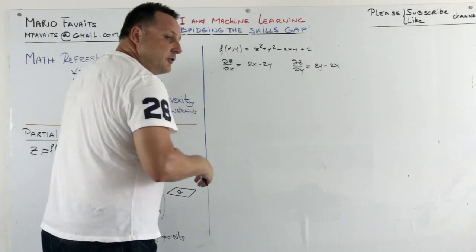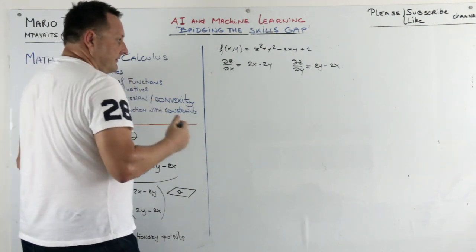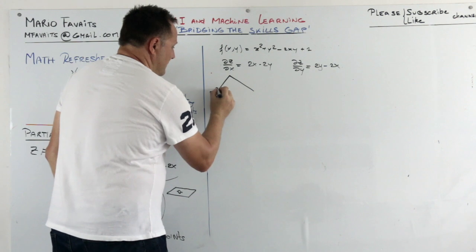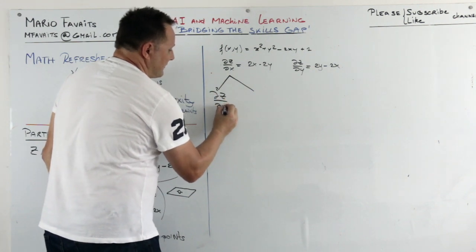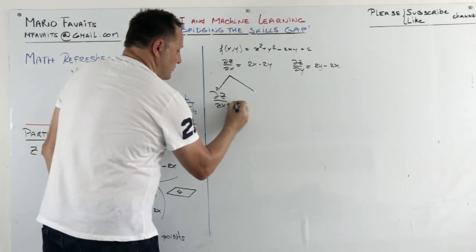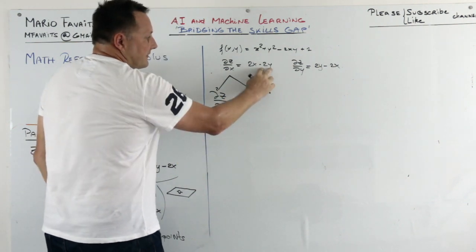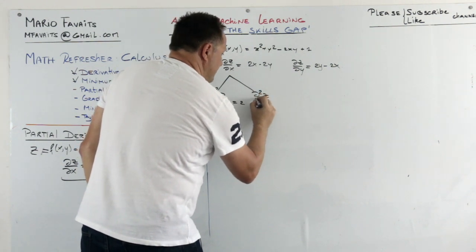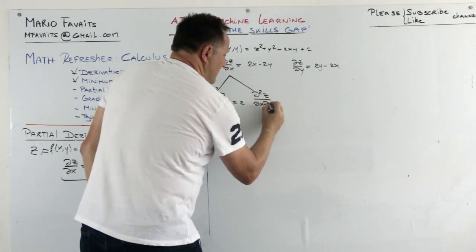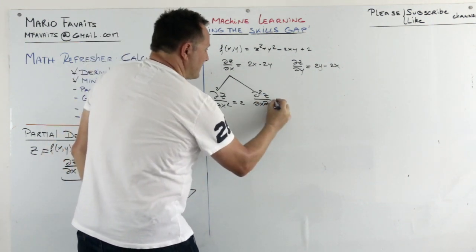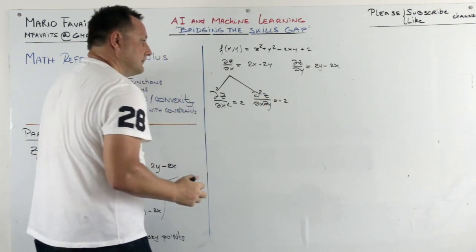Now here again we can go to the second order derivatives. So this you can derive a second time with respect to x. And then the outcome is 2, because y is a constant. And you can derive a second time, but now with respect to y, and that means that the outcome is minus 2.